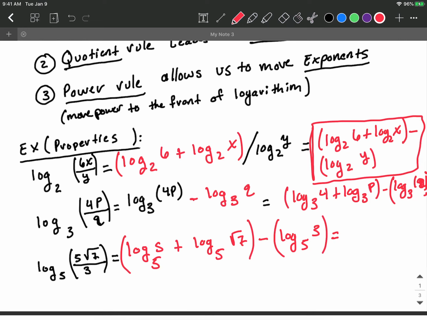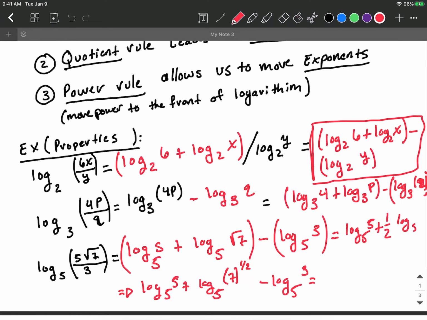So the way we're going to write this is log base 5 of 5 plus log base 5 of 7 to the 1/2 minus log base 5 of 3. Now that allows us to write it as log base 5 of 5 plus 1/2 log base 5 of 7 minus log base 5 of 3. That would be your final answer.